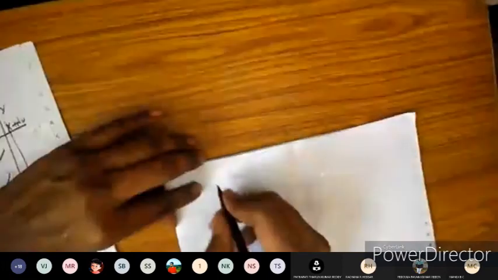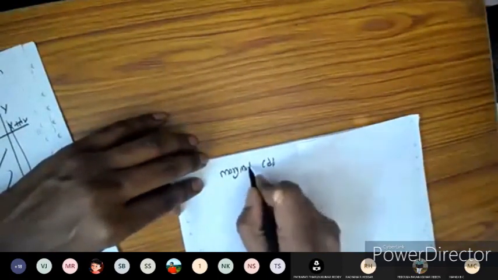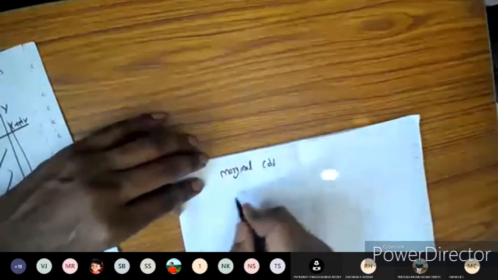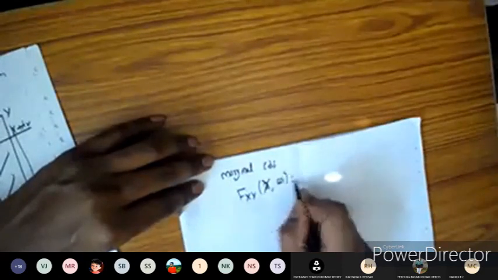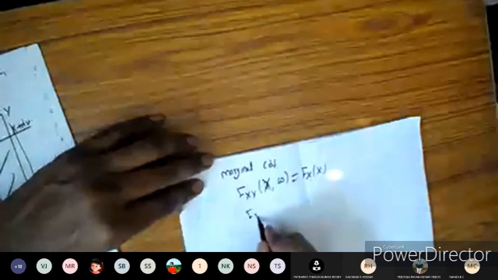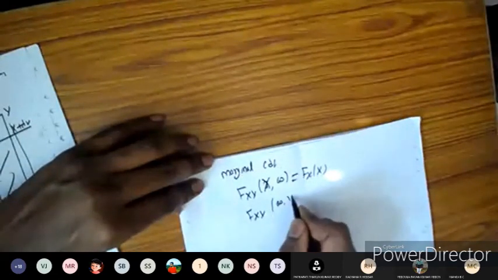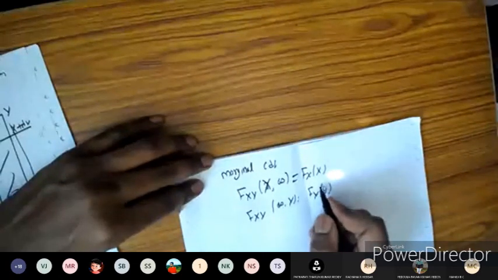So from the marginal CDF, we have F_XY(x, infinity) is equal to F_X(x), and similarly F_XY(infinity, y) is equal to F_Y(y).